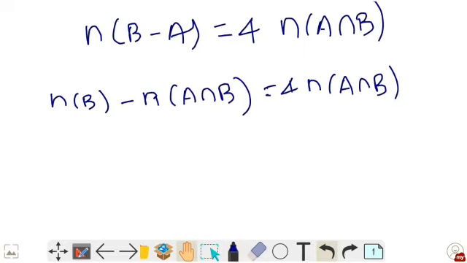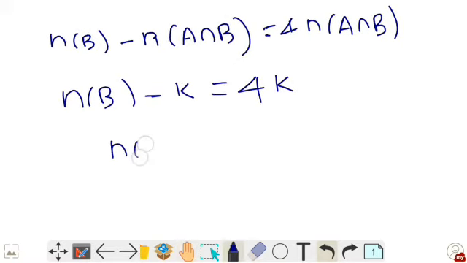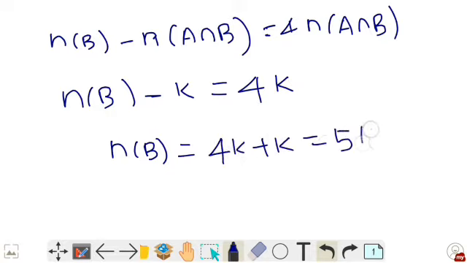So n of B minus k is equal to 4k, so n of B is equal to 4k plus k, which is 5k, since the subtraction moving to the other side becomes plus.